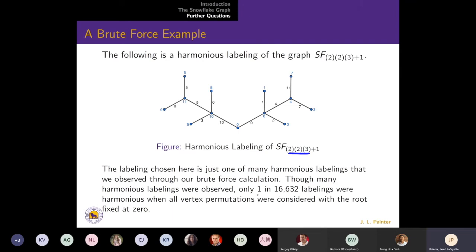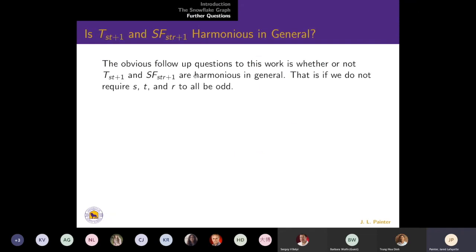Now, in terms of just permutations of labels, we had only like 1 out of 16,632 that were actually harmonious when we fixed the root at 0. So not very many of them in reality ended up being harmonious in that brute force calculation, but there were quite a few. So the obvious follow-up question is whether or not we can determine if the starlike tree or the snowflake graph are harmonious in general.